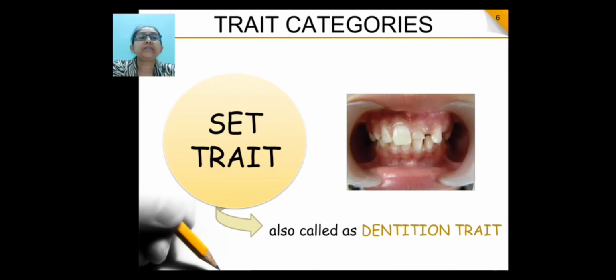We can see it is wider mesiodistally compared to cervico-incisally. So we are trying to compare between the two dentitions, whereas in this particular set triad, we cannot compare the premolars because the premolar does not exist in the primary dentition.